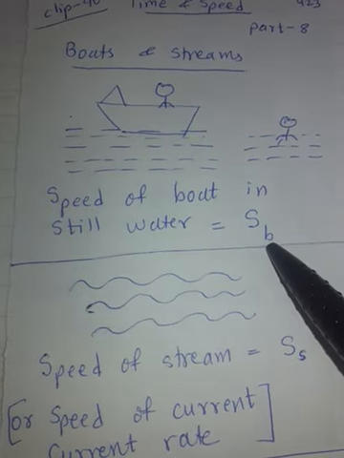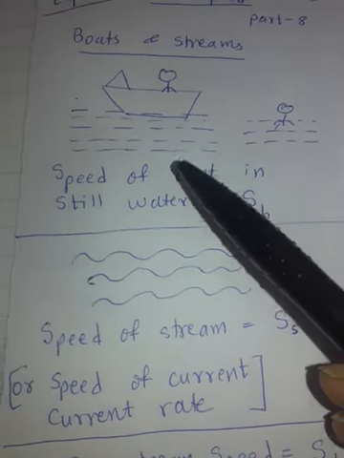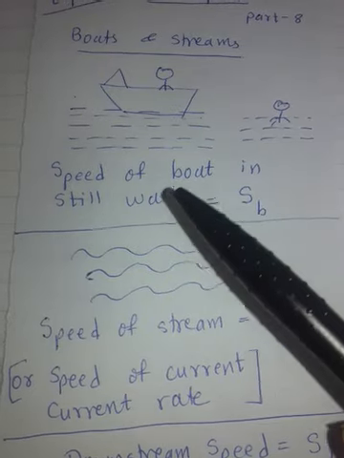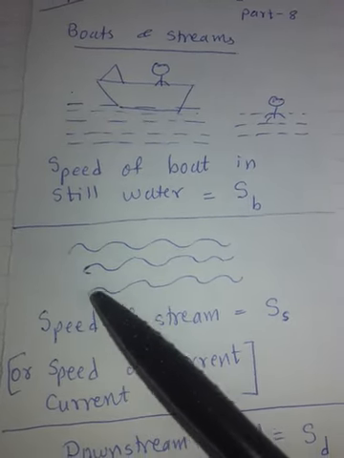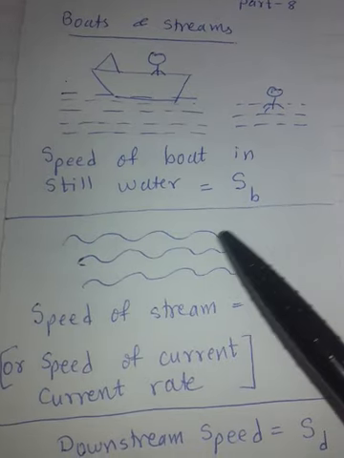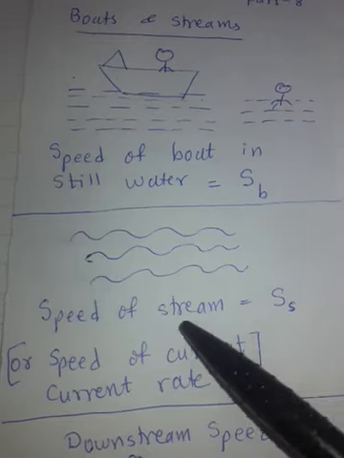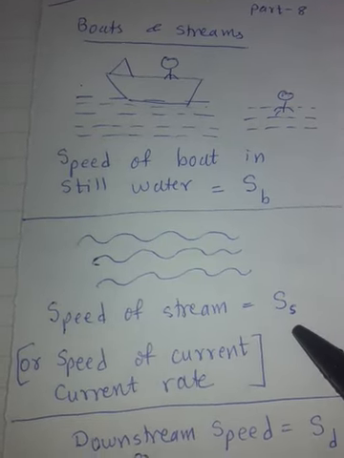It is SB. But sometimes water also flows. हमेशा water still रहेगा ऐसा नहीं है कि नहीं? Sometimes water also flows. In that case, this is known as speed of stream. बहता रहता है पानी. कुछ speed उसका खुद का भी एक speed रहता है. That is speed of stream. That we are going to call SS.